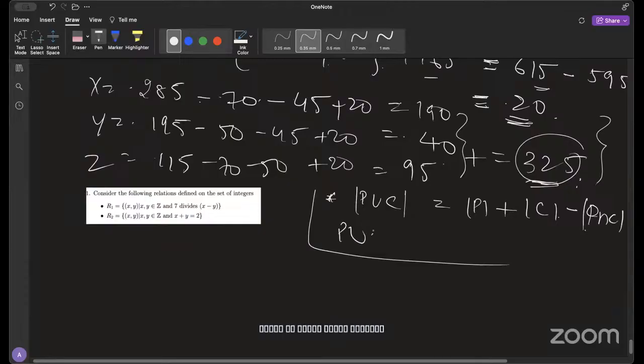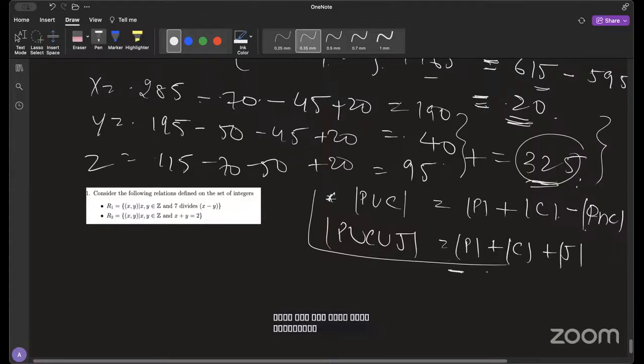And for 3 it is this. First you take the sum of all 3 taken one at a time. Then you subtract the intersections taken 2 at a time.